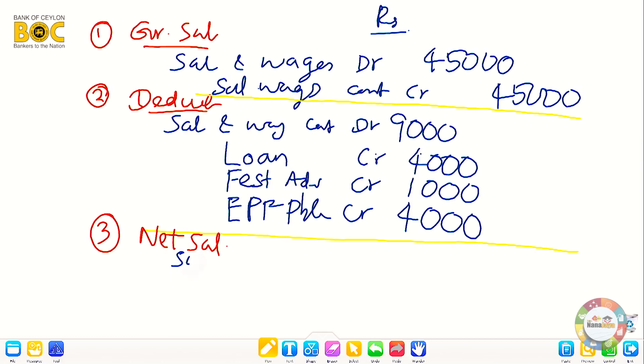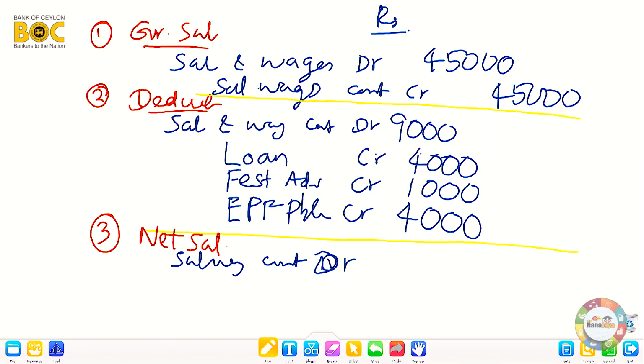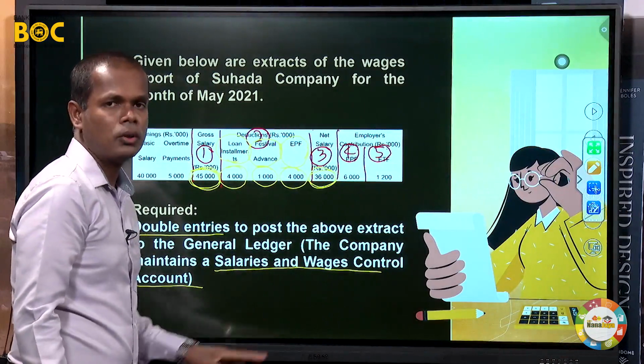Salaries and wages control account debit, 36,000. We have to credit. The credit entry depends on whether you paid or payable.